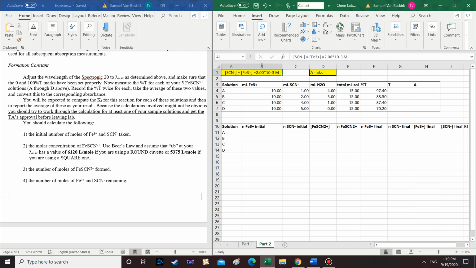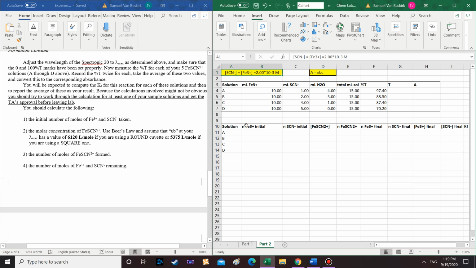This is all your initial concentration of that. I also put the formula for Beer's law, which we're going to be using later, and I'll get into how once we get there. So to start, it wants you to find the number of initial moles of iron and thiocyanate that you used.